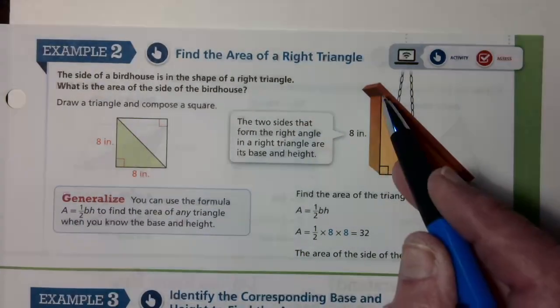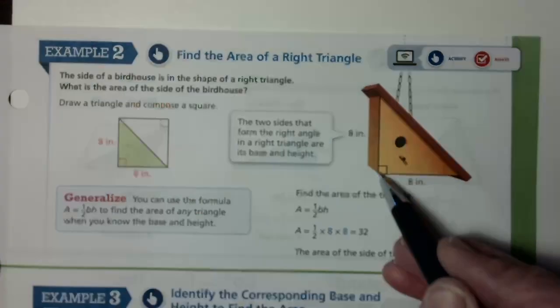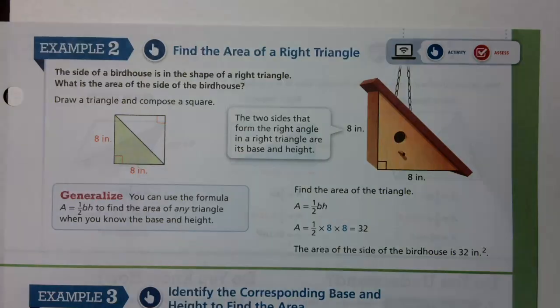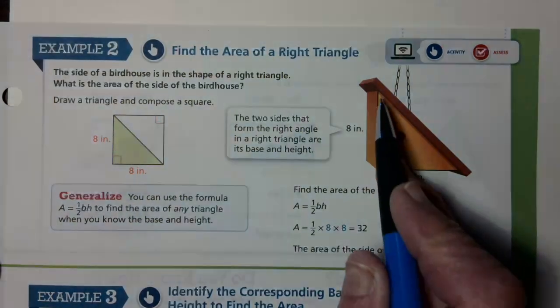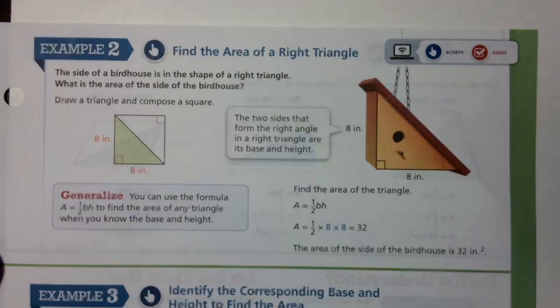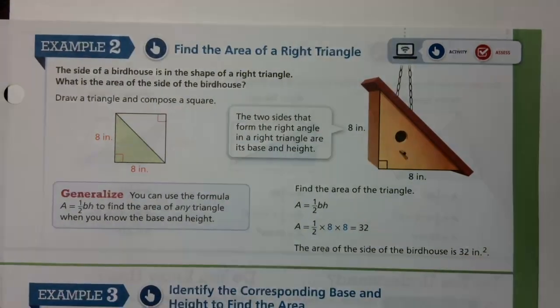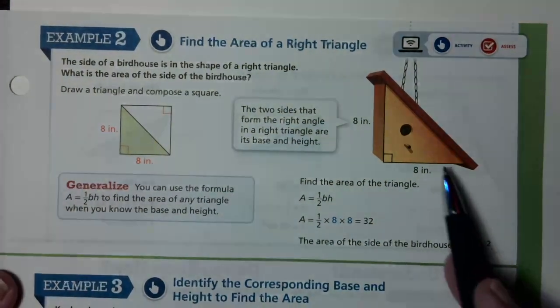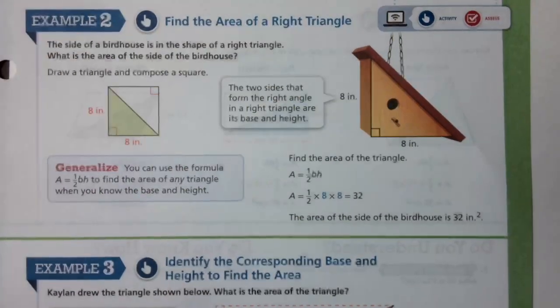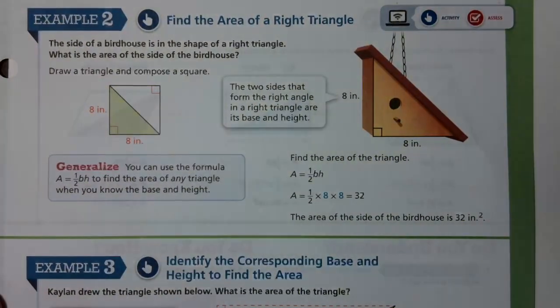So we're just looking at this triangular side right here. We're not finding volume. We're not finding how much room is inside that birdhouse. We're just finding the piece of board that it takes to make that triangle right there. So it's 1/2 the base times the height, and the base is 8 and the height is 8. So 8 times 8 is 64, and half of 64 is 32, and there you have it.